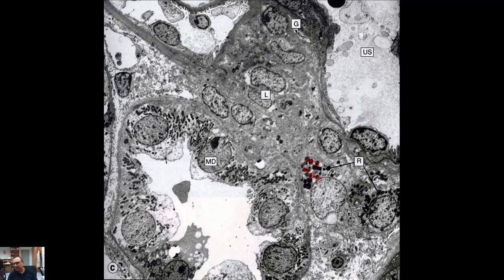So this is the juxtaglomerular cell, or two juxtaglomerular cells. Here is macula densa and some mesangial cells here.